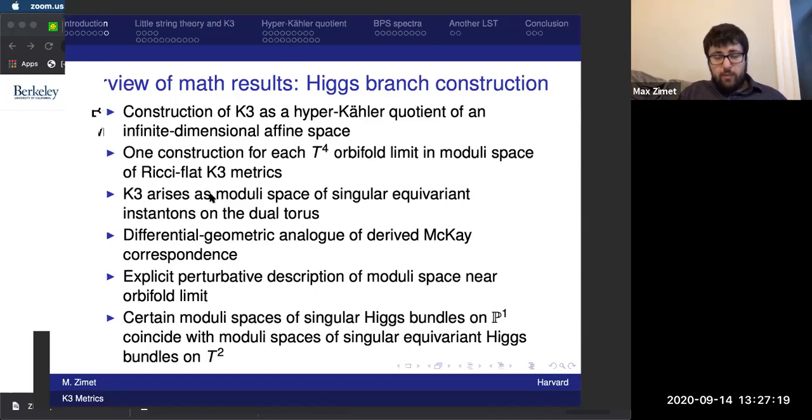I won't spend much time on this generalization, but there are analogous constructions. If you dimensionally reduce the anti-self-duality equations, you can get the Bogomolny equations on T3, or the Hitchin equations on T2, or the Nahm equations on a circle. This construction works in those cases as well, so you get ALF, ALG, or ALH manifolds.